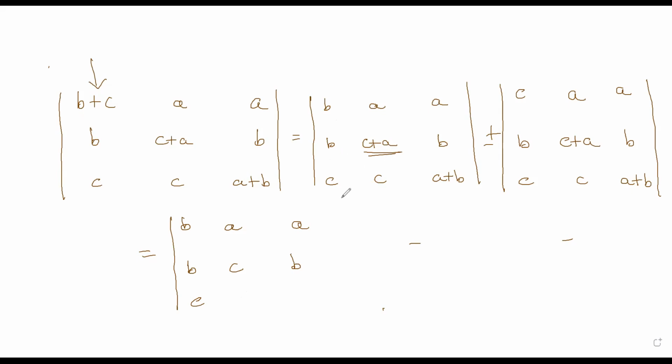B, A, B, C, B, C, C minus A plus B, and again this has split into two determinants once again. So B, B, A, B, and C, C minus A plus B.